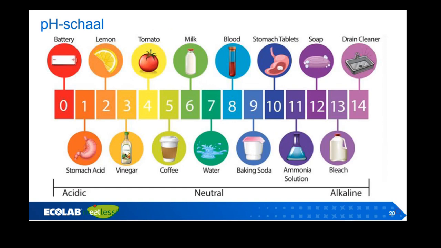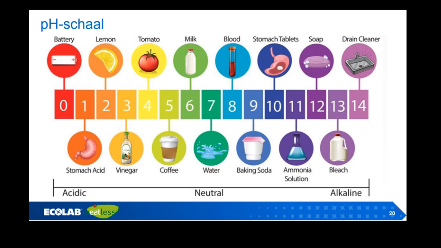So this is the pH scale. The pH scale tells how acid or how alkaline a product is. The middle, pH 7, is neutral, and that's water.